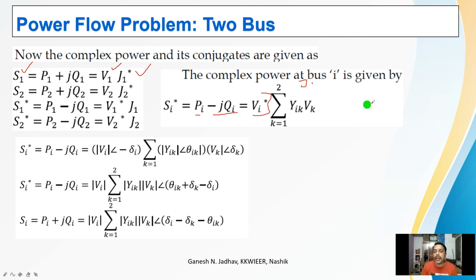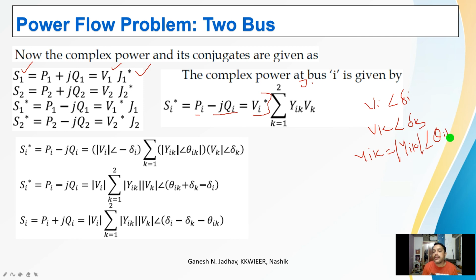Hence, Si conjugate, that is Pi minus jQi. Vi is generally at an angle of delta i, and Vk is generally at an angle of delta k, and Yik is taken as mod of Yik at an angle of theta ik.